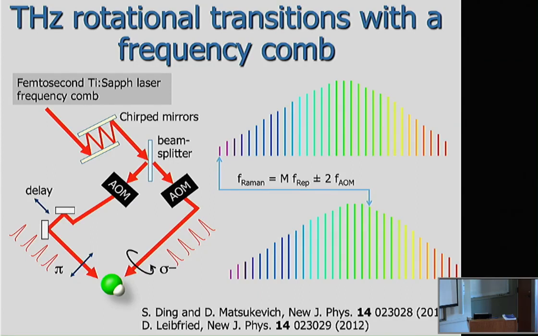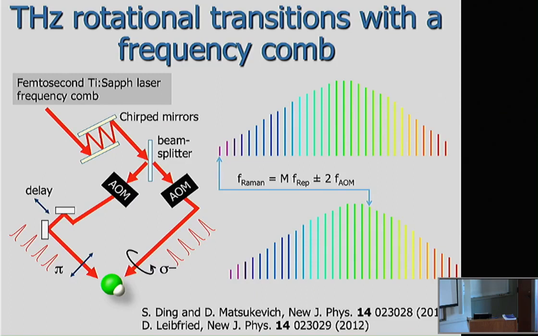And in effect, what we do is really have the path of this beam and this beam have the same length. And if that happens, you can really do Raman transitions that can also be quite a bit larger than just a few comb teeth in spacing. And then these two AOs allow us to bridge the free spectral range, which is about 80 megahertz in our experiment.